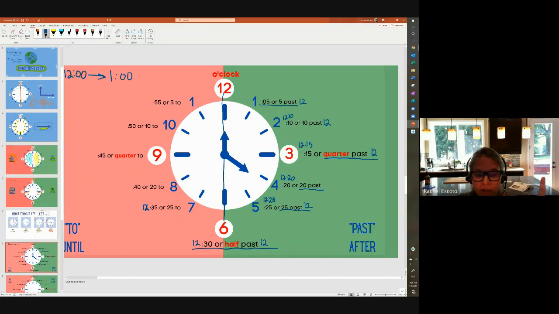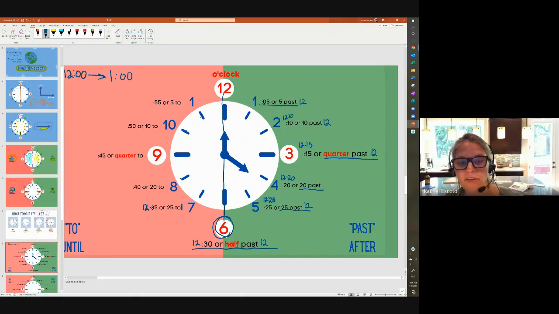It's 12:35 or it's 5, 10, 15, 20, 25. 25 to 1. 25 minutes until we get to 1 o'clock, right? Here it will be 30 to 1, 5, 10, 15, 20, 25, 30, but we don't really say that. We say half past 12. But here we would say 12:35 or 25 to 1.